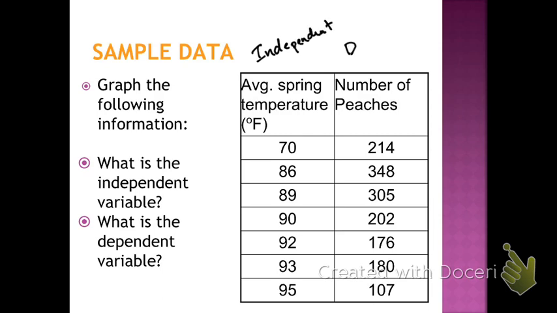And this is the dependent. So independent and dry mix is on the x-axis, dependent is on the y-axis. So on your own, let's see if you can try to graph this. So I have a graph here, and you know what I'm going to do?